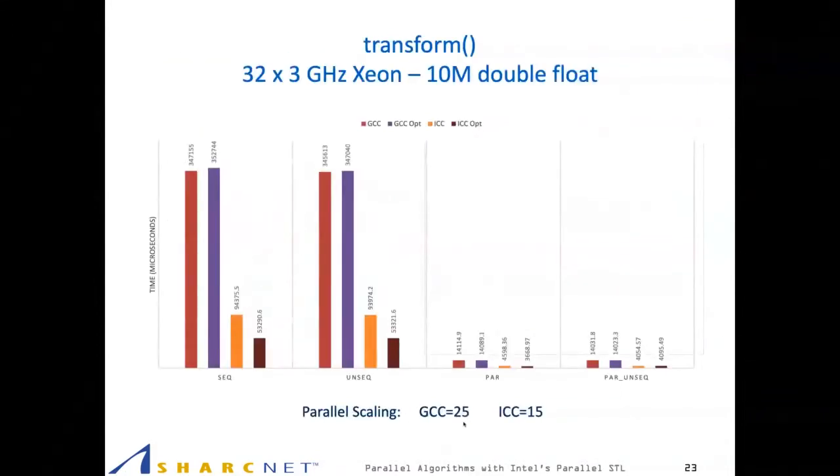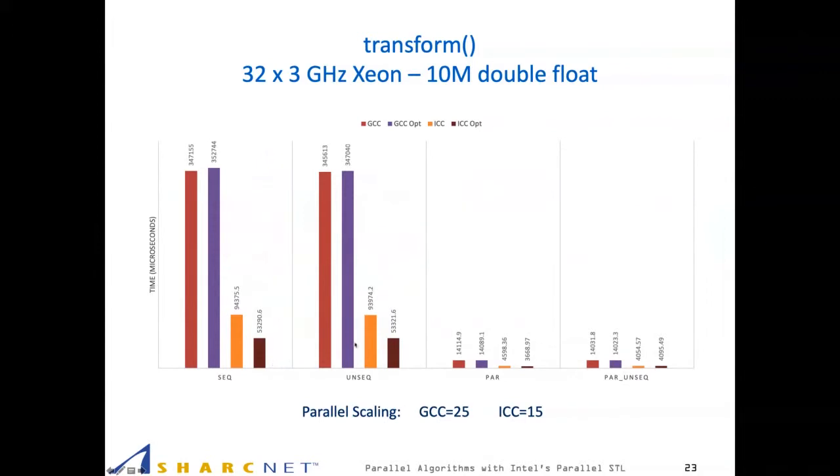But for transform, you can see that it's different. For example, for sequential, using the Intel compiler makes it much faster, even for sequential.